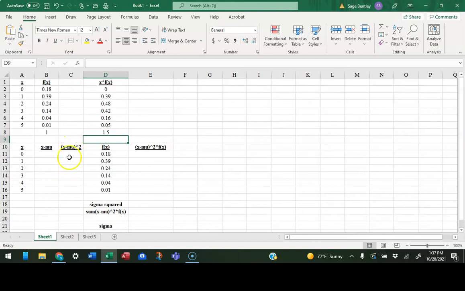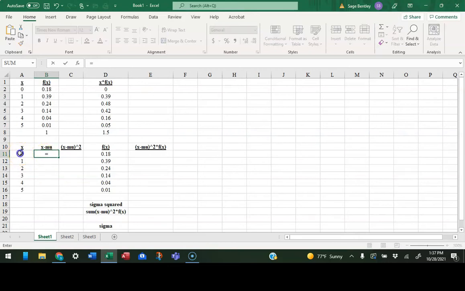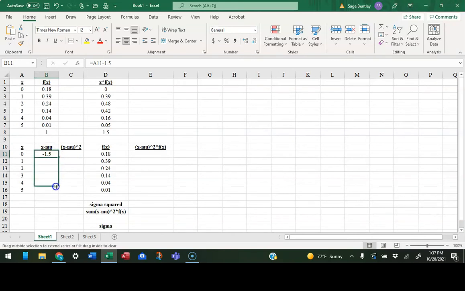I'm going to take x minus mu. So I have this value minus, what is my mu? My mu is 1.5. So I'm going to say 1.5. Enter. And then I'm going to drag this down. So it is going to take the value on the left and subtract 1.5.